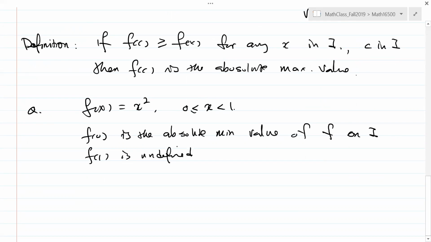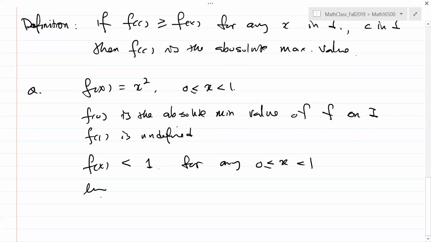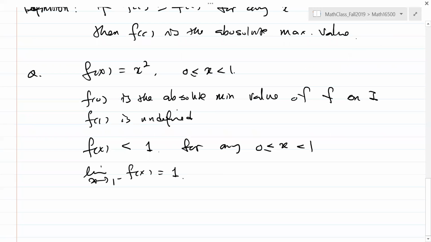Okay, we know that it's always less than or equal to 1 for any x. Okay, and we also know that the limit of the value of the function is going to be 1. But 1 is not the absolute maximum.